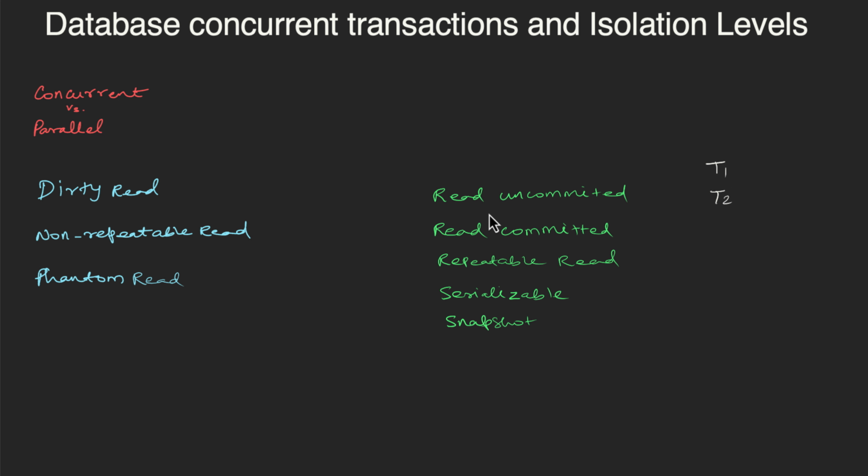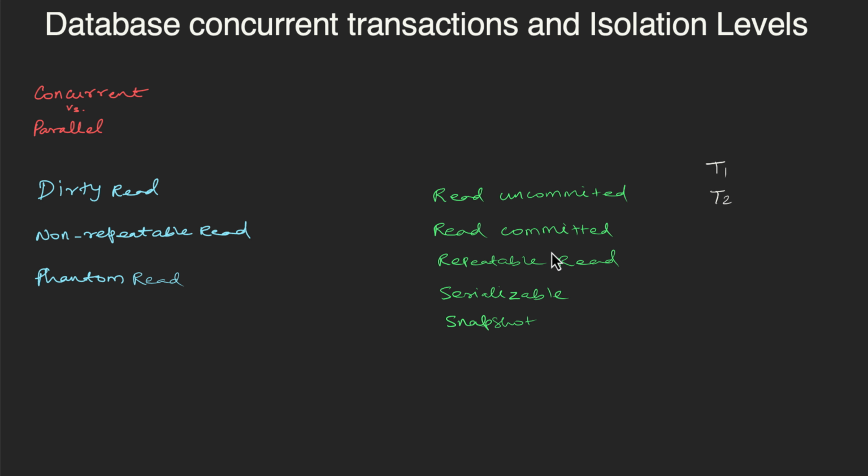So this is what read uncommitted means. But if you are using read uncommitted, then we'll have all three of these problems: dirty read, non-repeatable read, and phantom read. None of these problems will be solved, but it will allow very high concurrency.